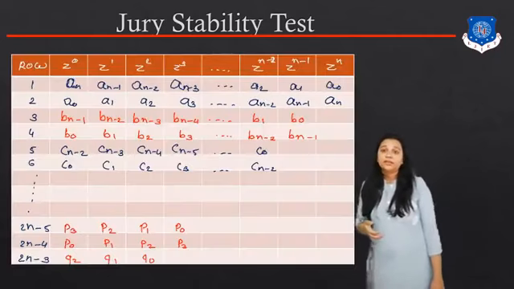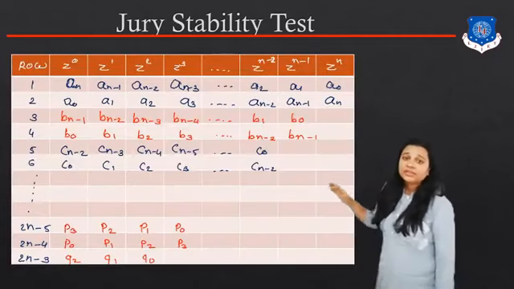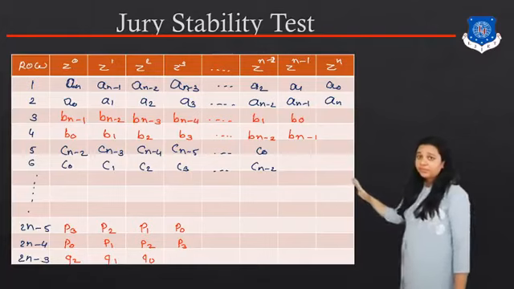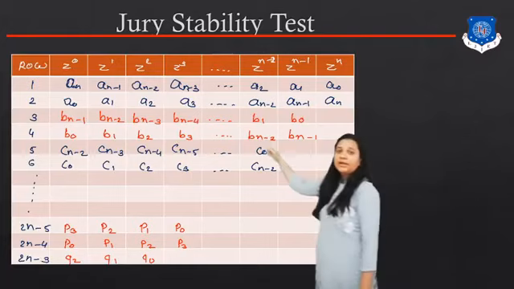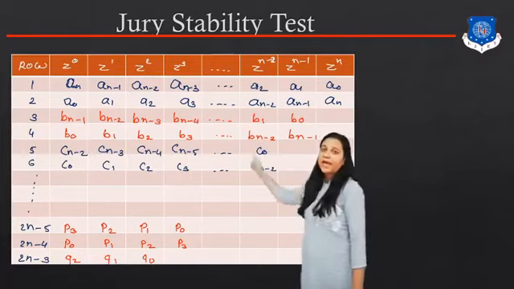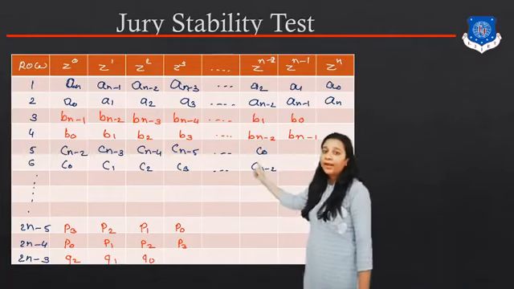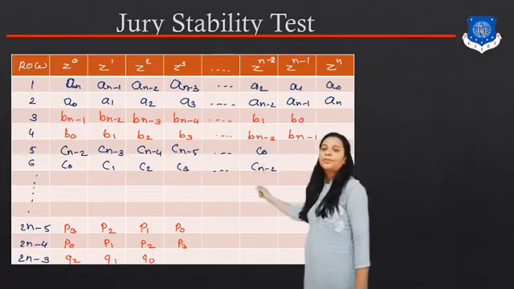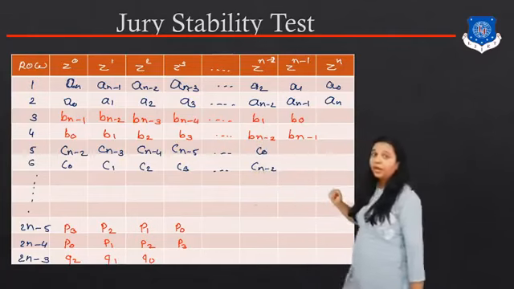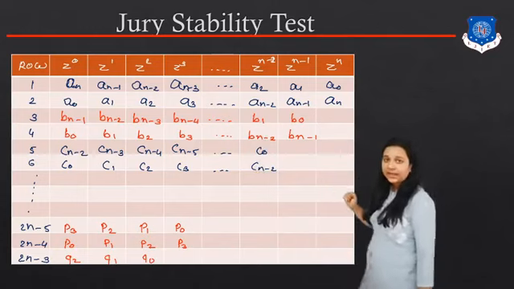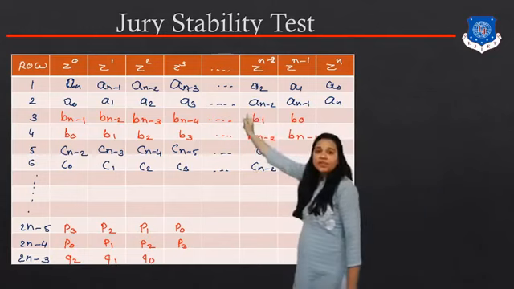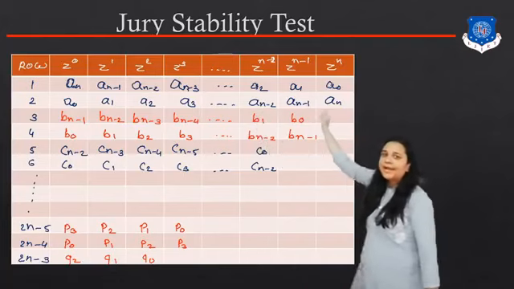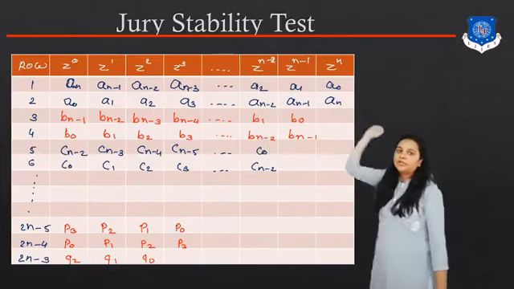Now, how can we arrange the power of z? This is the table for the Jury stability test. Here you can see different rows given, starting from 1, 2, 3, 4, 5 and 2n minus 1, 2n minus 4, 2n minus 3. The power of z starts from z raised to 0, z raised to 1, up to z raised to n minus 1, z raised to n.